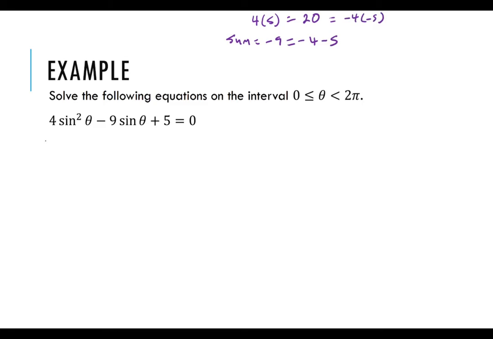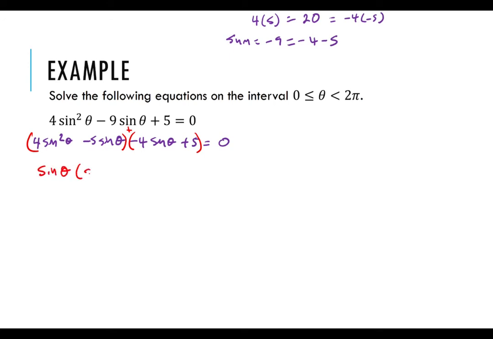Then rewrite our middle term. That's going to be 4 sine squared theta minus 5 sine theta minus 4 sine theta plus 5 is equal to 0. We've now forced the factor by grouping. Trap that negative in, but then of course that becomes plus. Notice that on the left the GCF is now sine of theta.